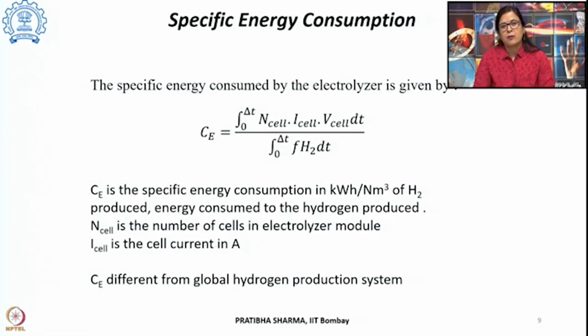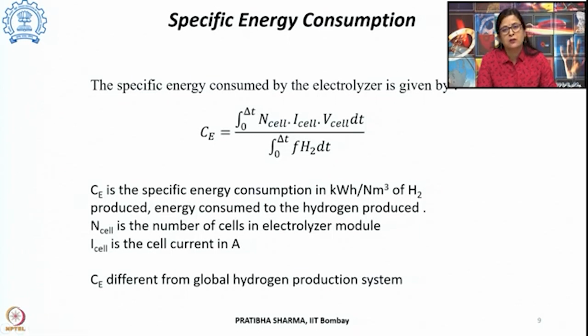So the actual amount of energy which is consumed is higher in the case of the global hydrogen production system. At the same time, the denominator, which indicates the amount of hydrogen being produced, may also have certain losses.